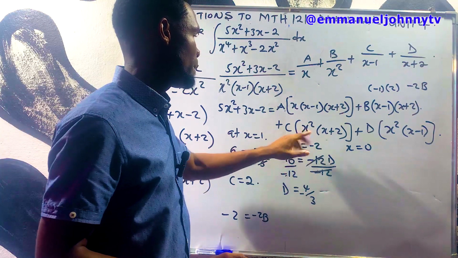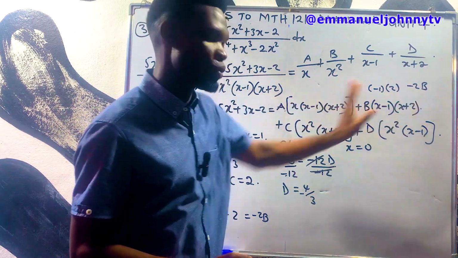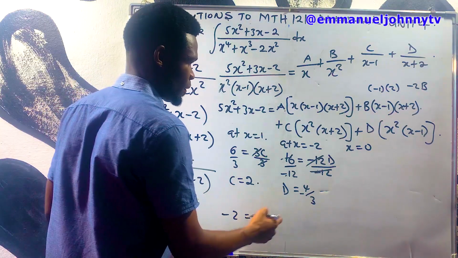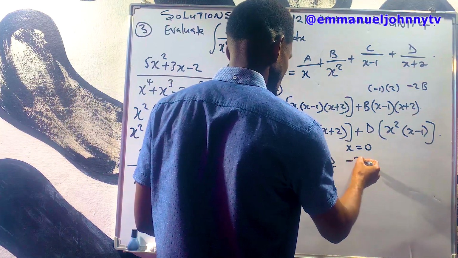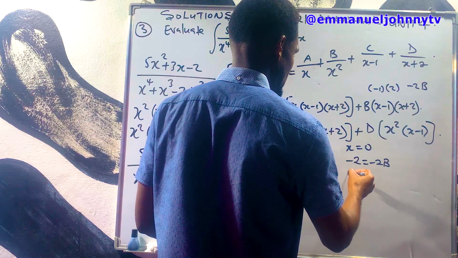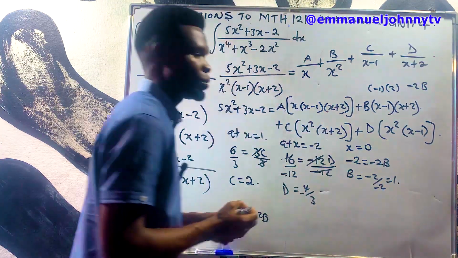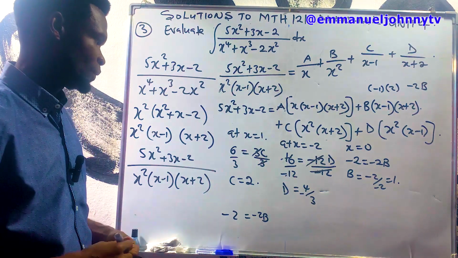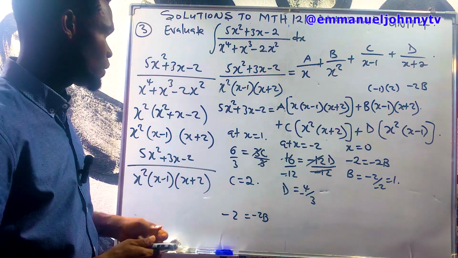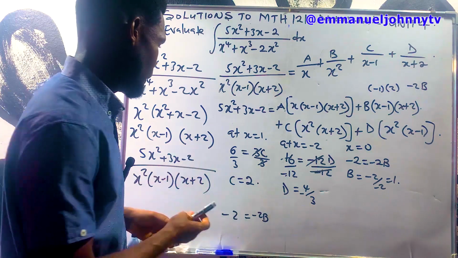Then coming here, put 0, this is gone. Put 0, this is gone. So that means that minus 2 is equal to minus 2b. That means that b will be equal to minus 2 over minus 2, which is equal to 1. So I have gotten my values.